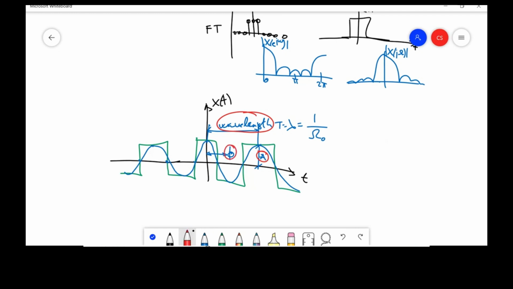So for a given sinusoid, this sinusoid here, I have to say, okay, x of t will be, for the fundamental frequency, A naught sine of 2 omega naught t plus phi naught.